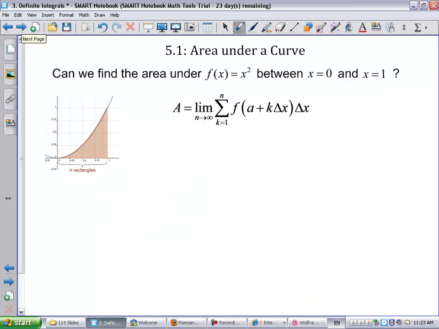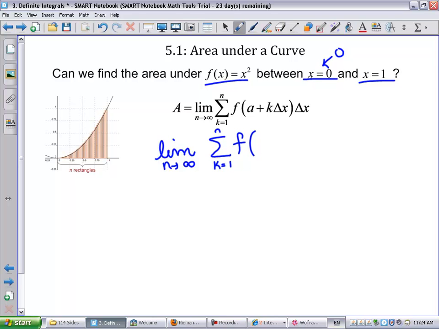So let's try that. We have already talked about finding the area under x squared between 0 and 1. So let's see if we can find that exact area. We're looking at the limit as n goes to infinity of the sum, k goes from 1 to n, of f of, well, a in this case is 0, that's the left endpoint, 0 plus k times delta x.